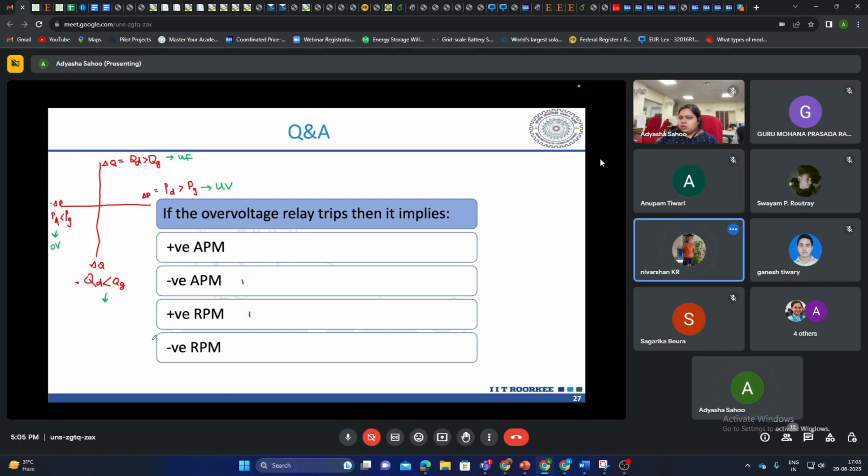Negative active power, you mean? Madam, actually, whenever demand is more than production, then frequency will decrease. Why is it the reverse way? I am coming to that. Whenever we have QD less than QG, then we'll have over frequency.